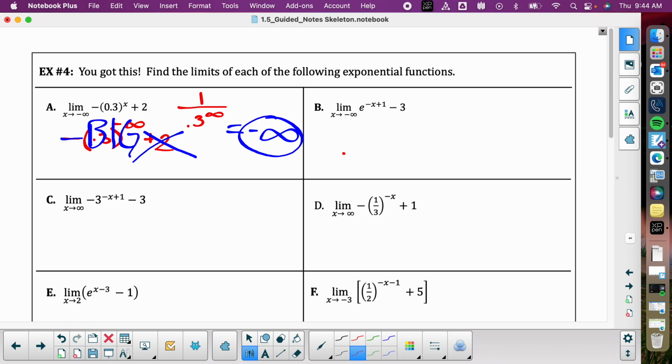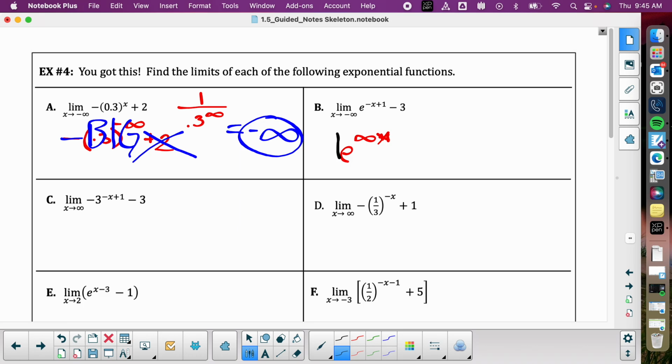So, the negative of negative infinity would be positive infinity. Plus 1, useless. Plus 1 is not going to do anything to infinity. This answer will be big or small?